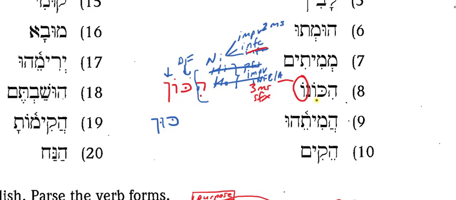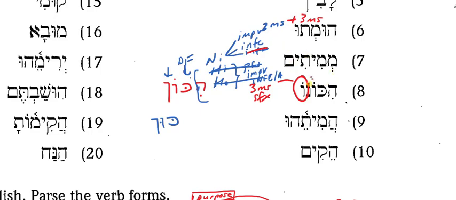If this is an imperative and the 3MS is a pronominal suffix, would it make sense for that verb to take a direct object? Be established him. Or you be faithful him. No, that doesn't work. Okay?